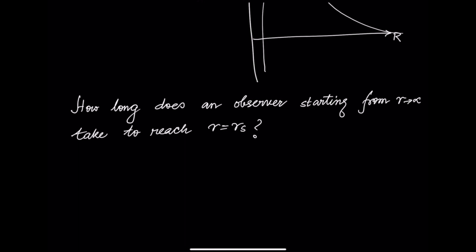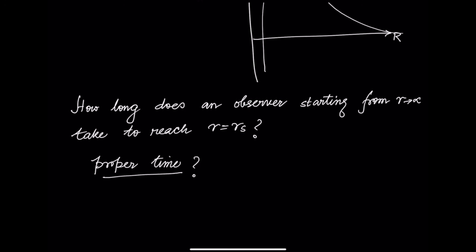Well, if you want to calculate this, one should calculate it in the proper time. So this is the clock of the observer. We start from r equals infinity and come towards r equals rs. And how much time will that clock measure?